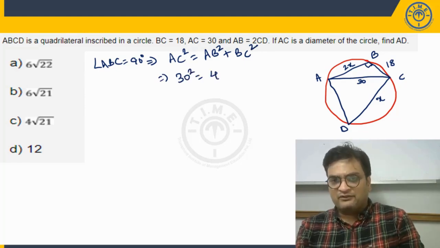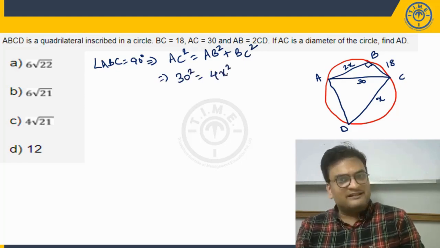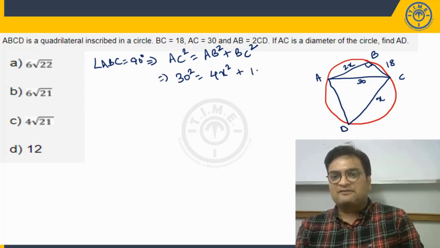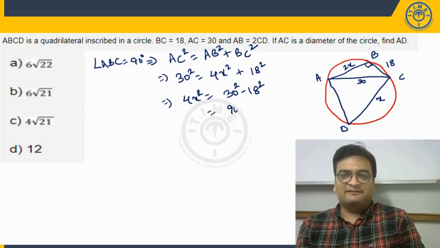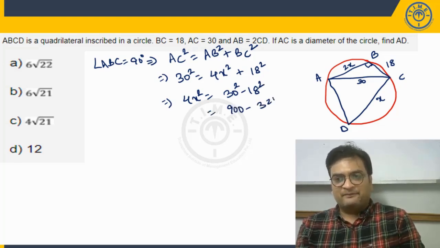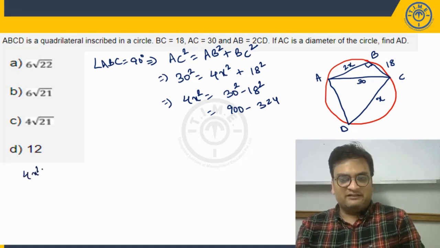AB is 2x, so 2x whole square is 4x square, plus BC square, 18 square. Let's bring all the terms on one side: 30 square minus 18 square is 900 minus 324, which is 576. So 4x square will be equal to 576.